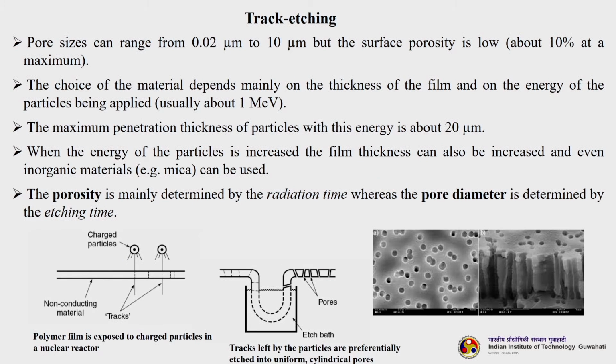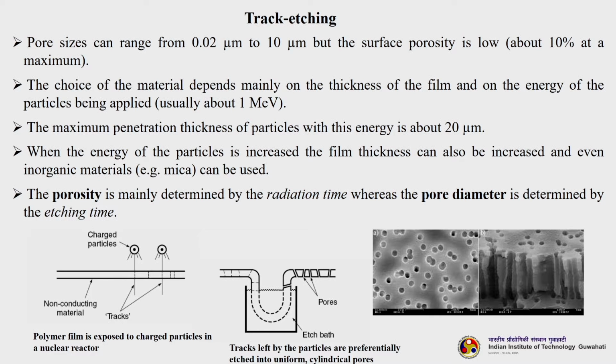So, usually pore sizes of 0.2 micron to 10 micron are obtained. However, the surface porosity is low, about 10%. The choice of polymeric material depends mainly on the thickness of the film and on the energy of the particles that is being applied. Okay, how much radiation you are applying actually. So, the maximum penetration thickness of the particles with this energy is usually about 20 micron, right. When the energy of the particles is increased, the film thickness can also be increased, and even inorganic materials can be used.